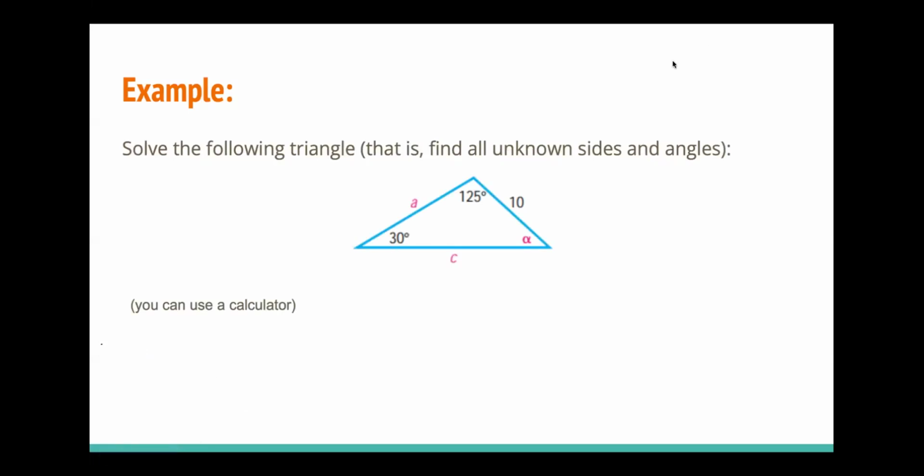For this one, you're just finding everything. Wait, let me use this one. This one, solve for just everything that is unknown.